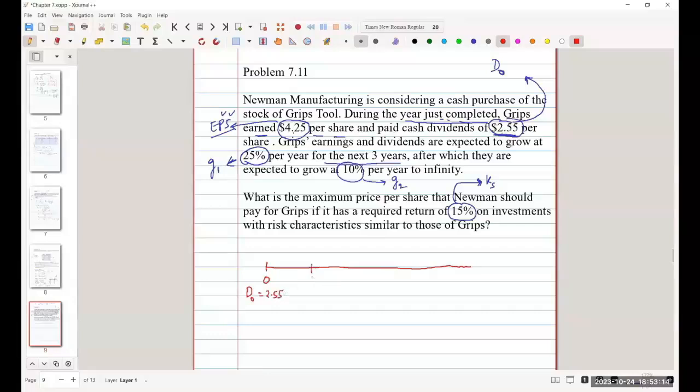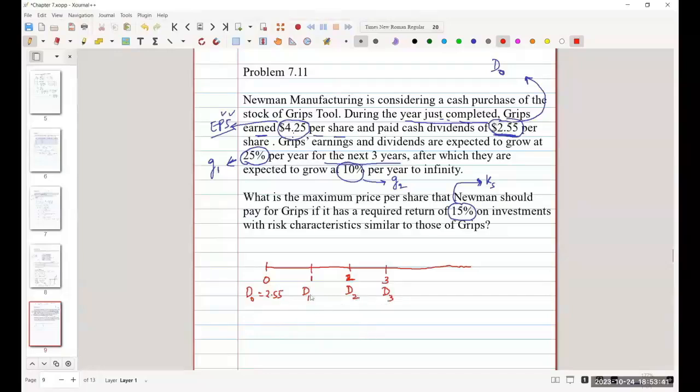Let this be time 1, and here we need an estimate of dividend 1. This is time 2, and here we need an estimate of dividend for this time period. Here we have time 3, and we need an estimate of dividend at time 3.